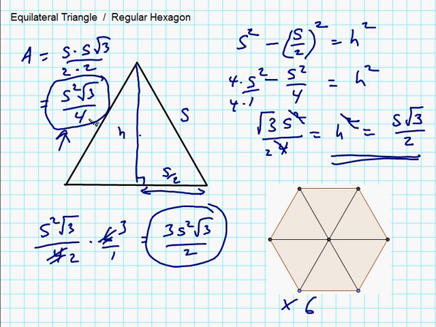You can memorize this for short times if you think you're going to need it, but if you ever run into a situation where all of a sudden you need to find the area of an equilateral triangle, you don't really use this one so often that it's worth memorizing. Just remember how we got it. You split it down the middle and use Pythagorean theorem on 1/2 to find the height and go from there.